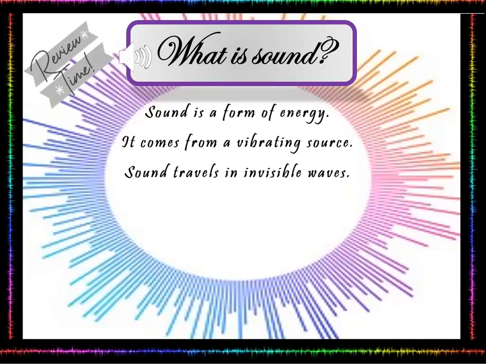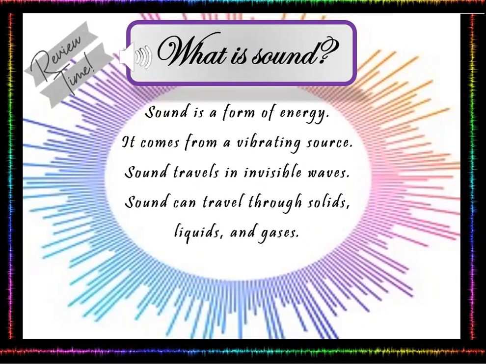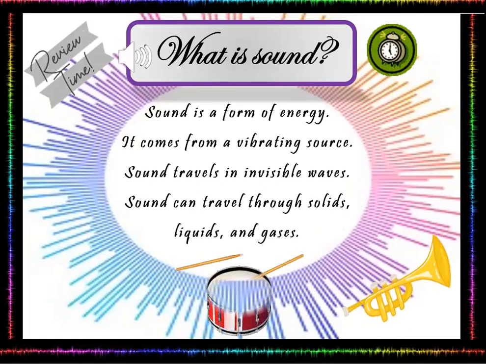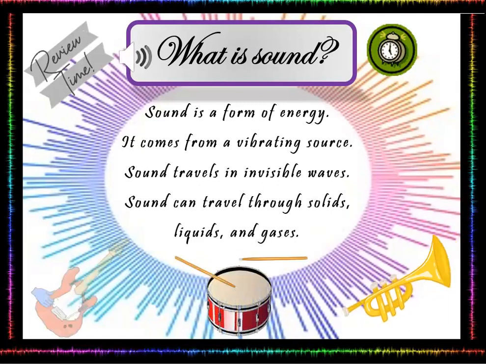Sound travels in invisible waves. We cannot see sound. We can hear only. Sound can travel through solids, liquids, and gases. We have lots of equipment for producing sound, especially the musical instrument. A sound vibration makes tiny particles of the air bump into each other.